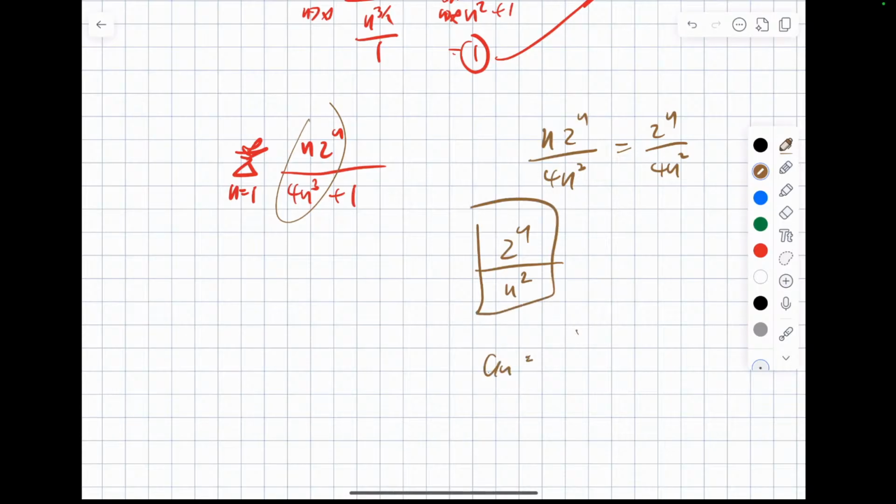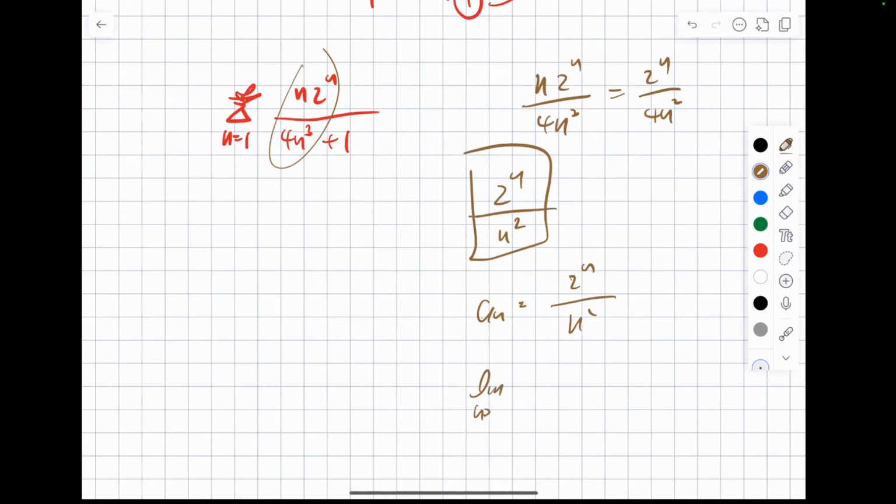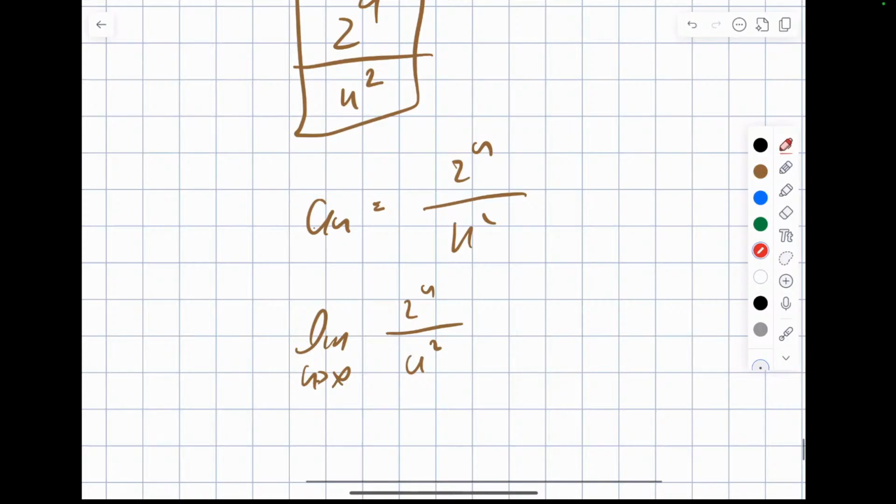So we compare this, right? a_n is equal to 2 to the n over n squared. We can use the n-th term test. The limit as n approaches infinity of 2 to the n over n squared. If I approach infinity right now, it's going to be infinity over infinity. So what are you supposed to do? You use L'Hopital's rule. Let's just take a derivative. The derivative is ln 2 times 2 to the x over 2x.